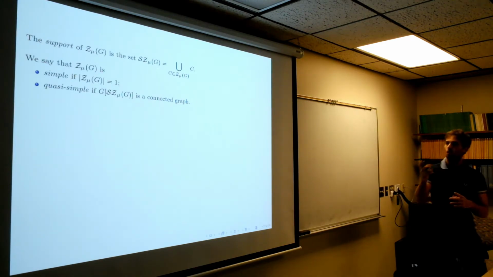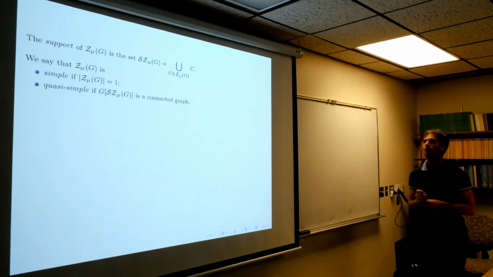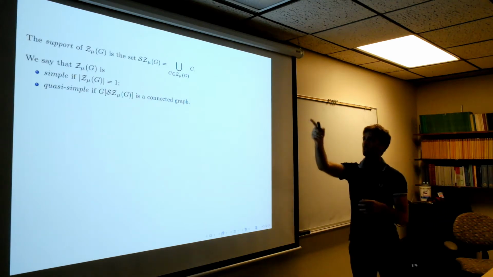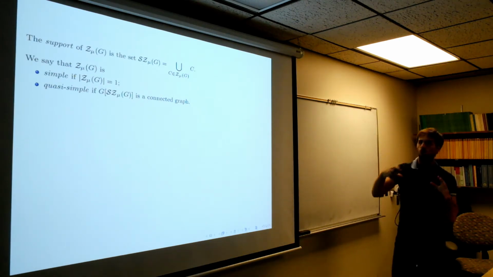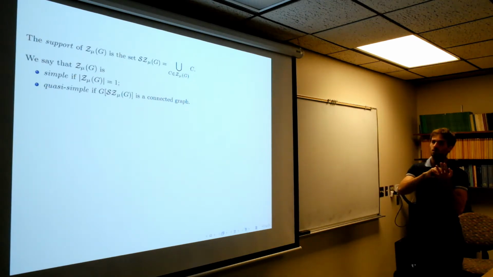And we say that it is quasi-simple if the graph induced in G by the support is connected, right? So we define the center, we define the support, which is the set of all the vertices in at least one of the cycles in the center. And then we consider the subgraph induced in the original graph by this support. If this is connected, then we say that the center is quasi-simple.